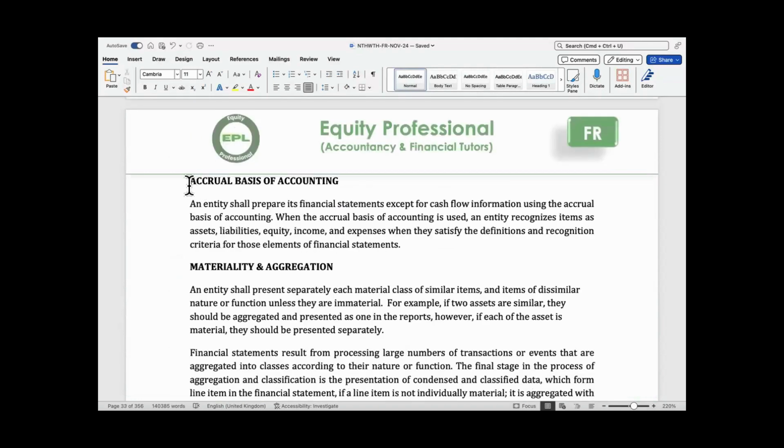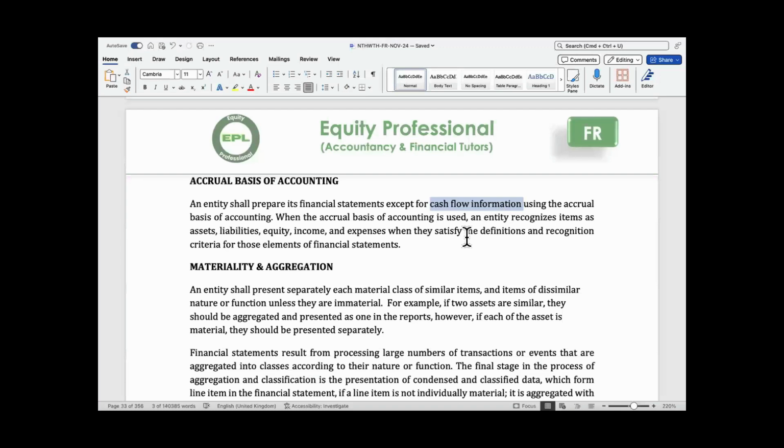Next is accrual basis. I've mentioned this while I was explaining going concern. So financial statements are prepared on an accrual basis, except for cash flow information. IAS 7, the cash flow statement, is not prepared on accrual, it's cash. It's cash, except for cash flow.